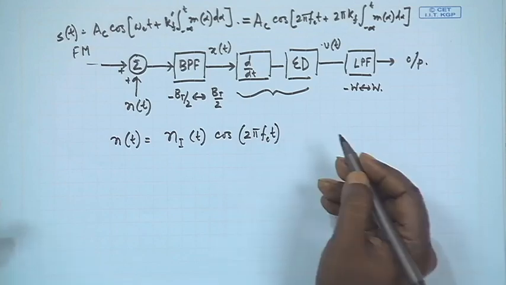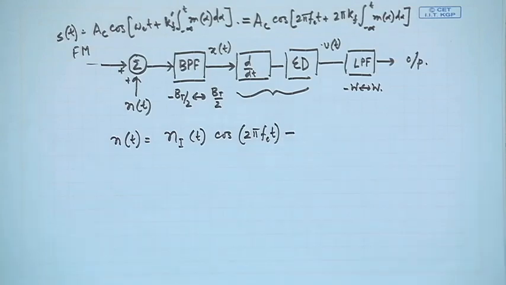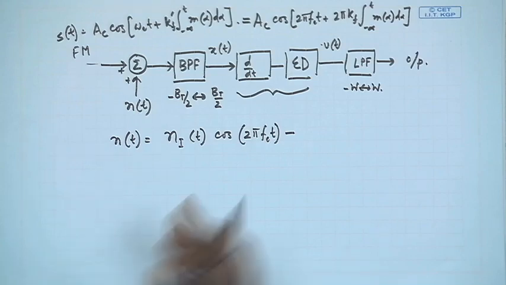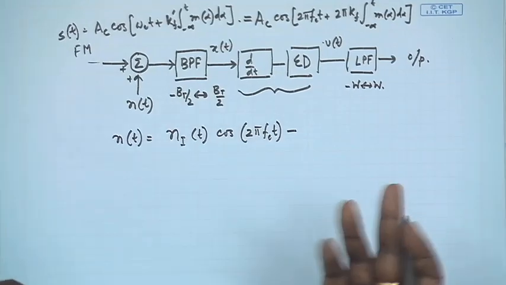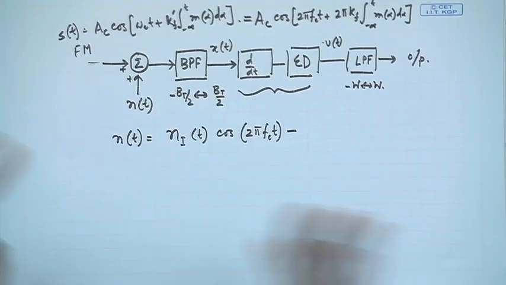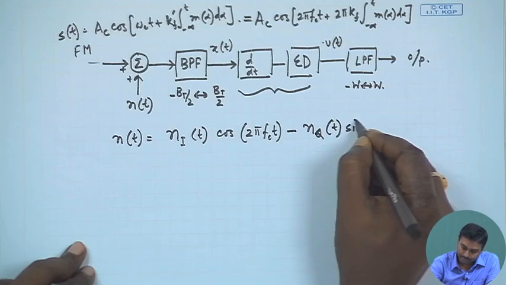The representation does not depend on whether I write plus or minus, so I can take any one of them. For our advantage, which will be clear in the next phase of derivation, we take minus. It is just a representation: whether you take plus or minus, spectrum-wise there is no difference, and representation-wise also there is no difference, okay.